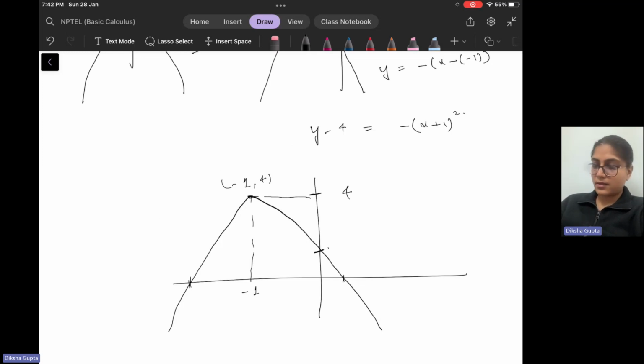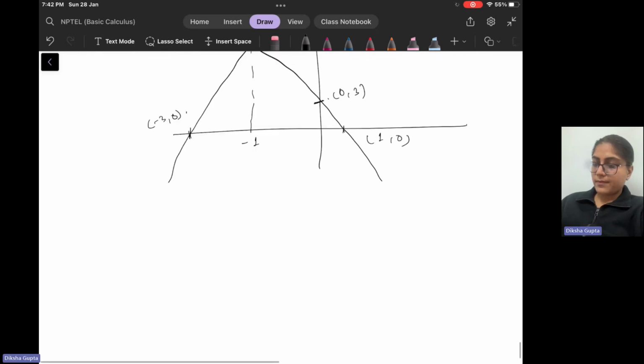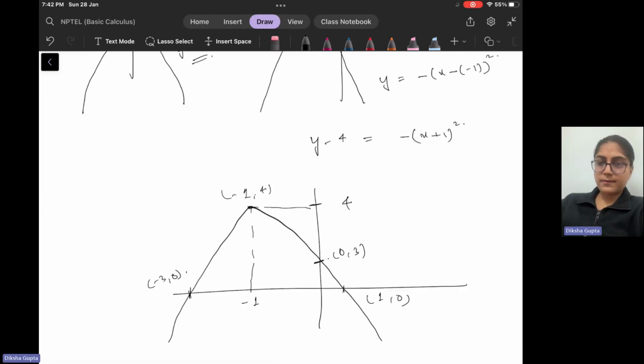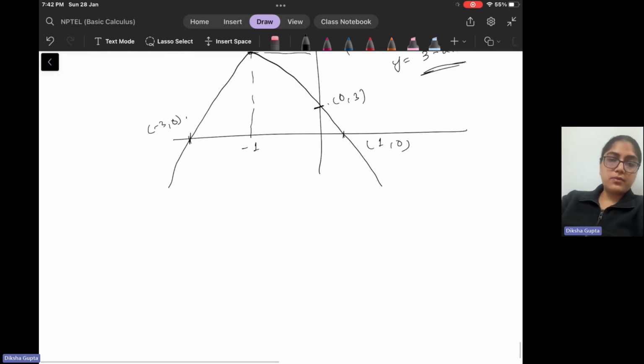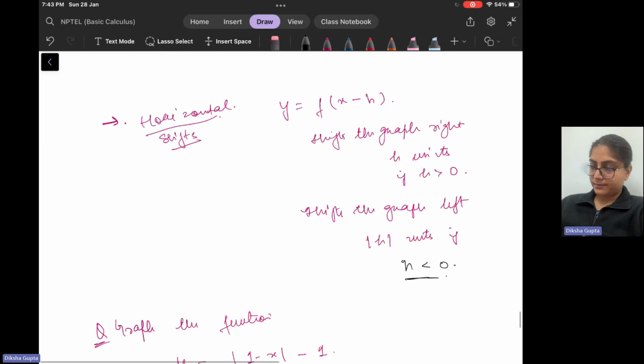So these points are 0 comma 3, 1 comma 0, and minus 3 comma 0. So this is the graph of y equals 3 minus 2x minus x square. So you can see how useful these shifting formulas are.